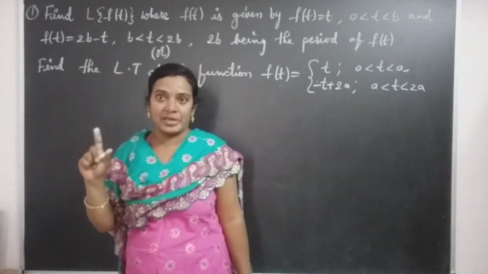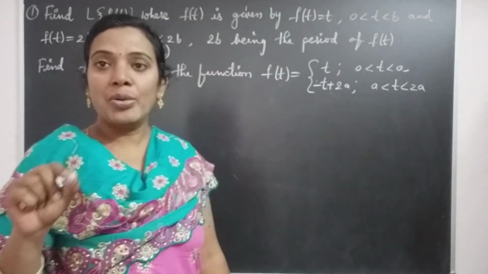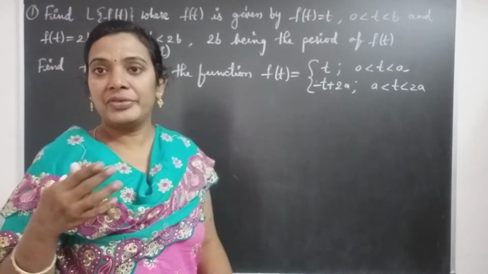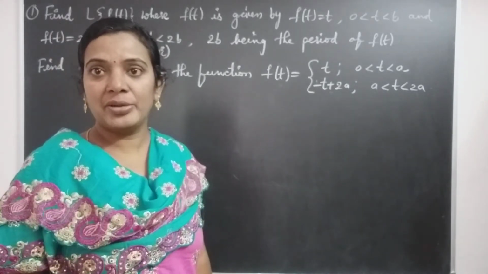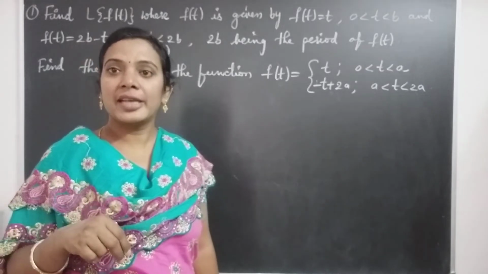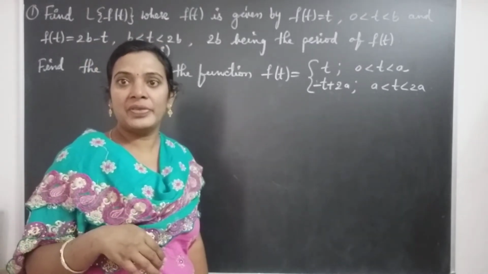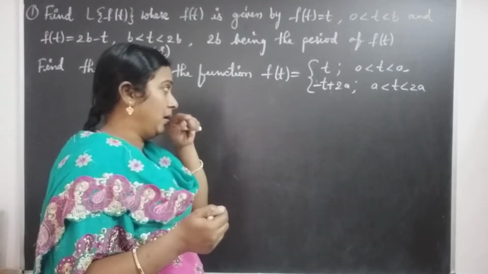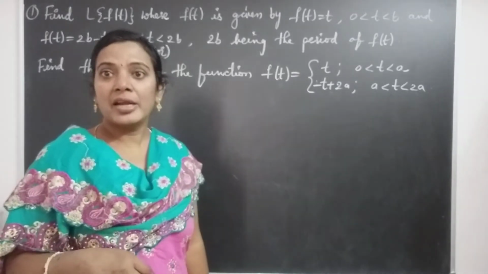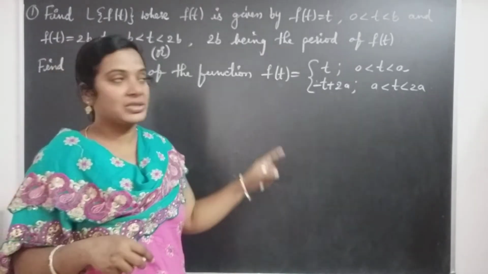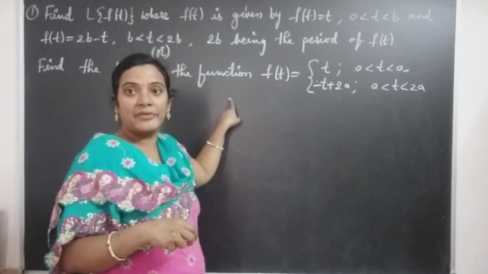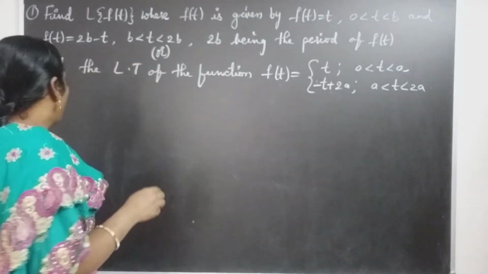Both are the same functions. Only the period is different. In the first case 2b is the period of f of t, and in the second case 2a is the period of f of t.